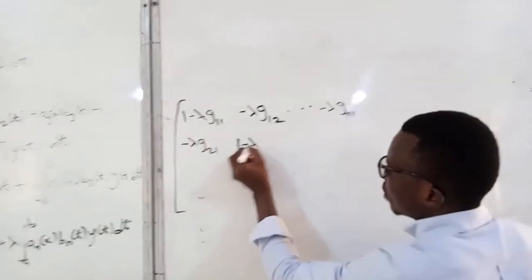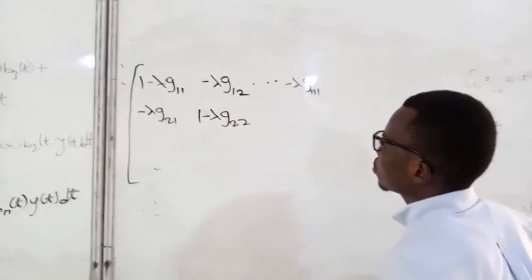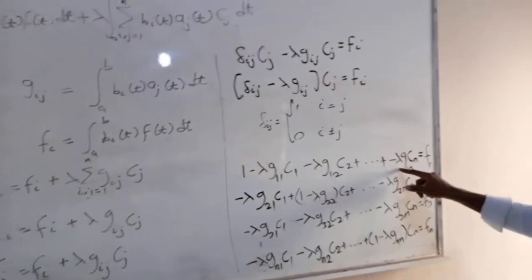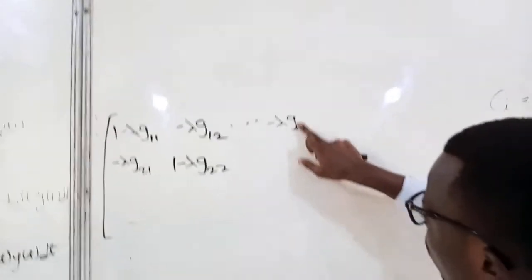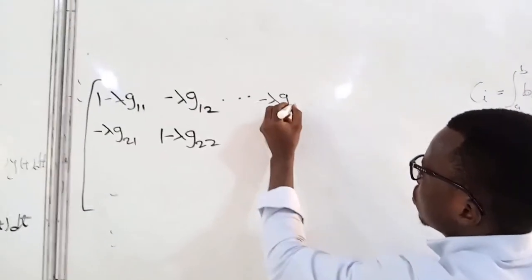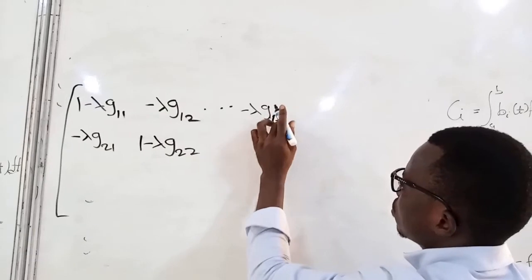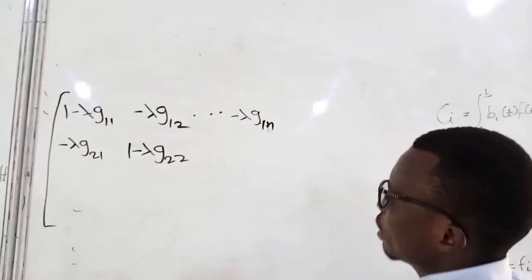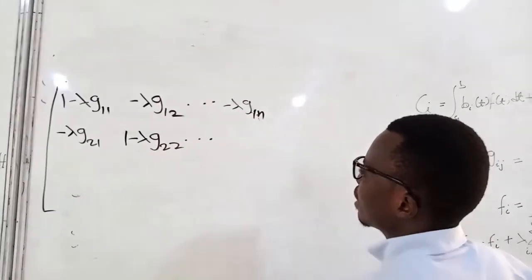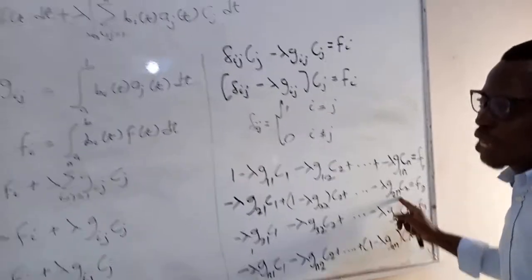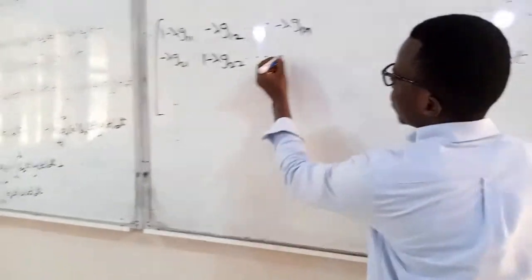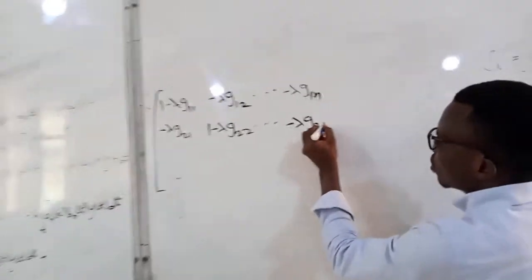Then minus lambda j 2n, dot dot. The last term there becomes minus lambda j2n.